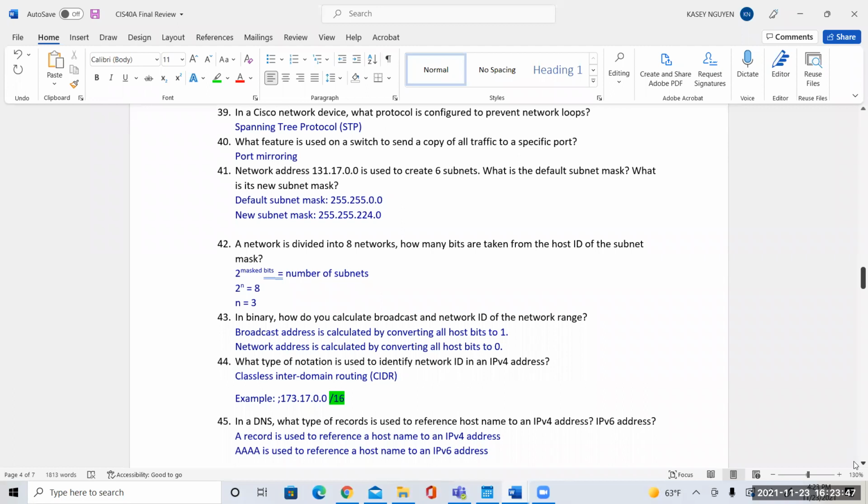45. In a DNS, what type of records is used to reference host name to an IPv4 address and IPv6 address? That will be your A record, used to reference a host name to an IPv4, and a quad-A record is used to reference host name for IPv6.